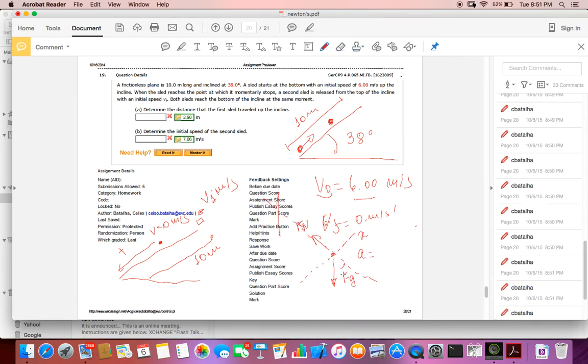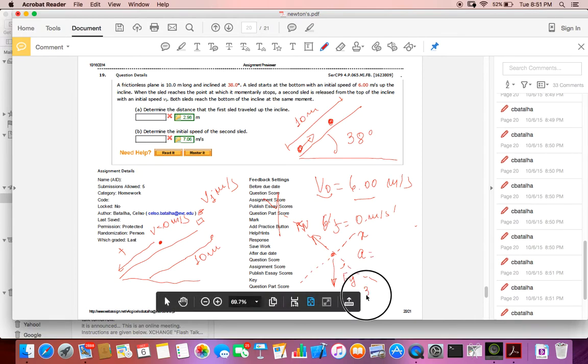What is the angle? 38 degrees. So the acceleration is going to be g sine of 38, right? We have one acceleration vector going down, which is given by g, so its projection along the incline gives the acceleration of the sled.